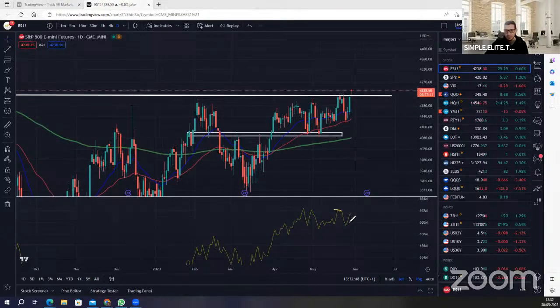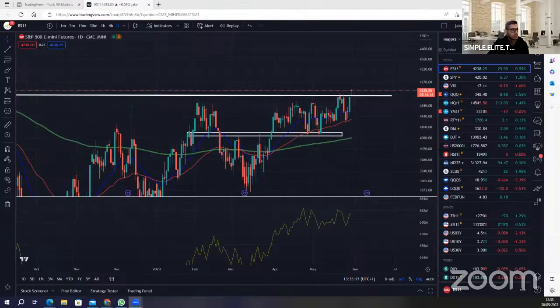So to get more confirmation, I would like to see the line come above this previous higher point. But I'm still remaining bullish because Nasdaq is performing well, but I will want to see a little bit of pullback to set up for me to be a buyer.